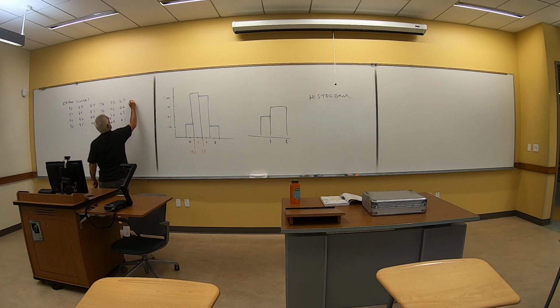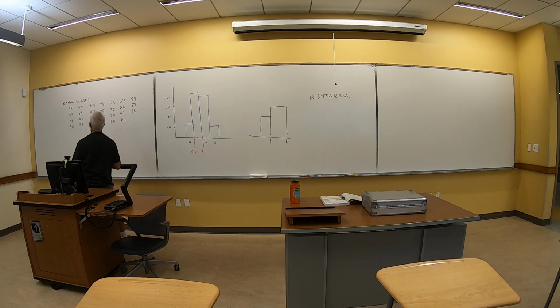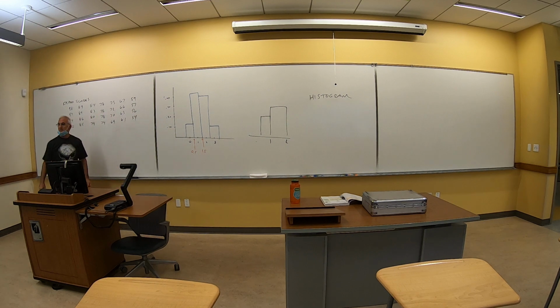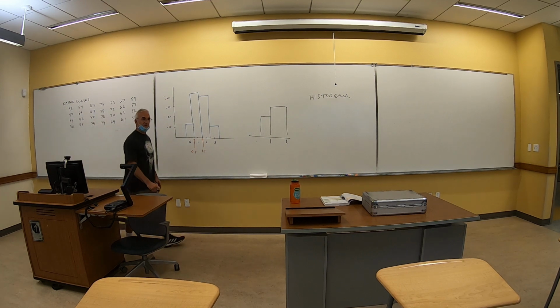Let me do one more. 59, 57, 56, and how about, let's say, 52. No, 50, sorry, 50, trying to make this work fairly nicely. Okay. 28 students took an exam. These were their exam scores.